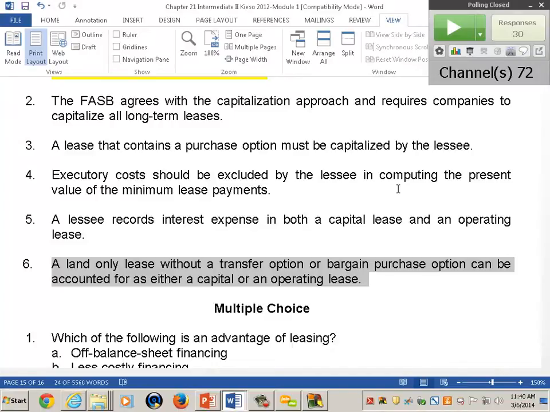The residual value would be what? How could you actually operationalize that? You can't, because the land could last for 80 years, 100 years, and values could go higher and higher, so it doesn't make any sense. You can't really operationalize that. So you can't operationalize the 90% or the 75% test when there's land.